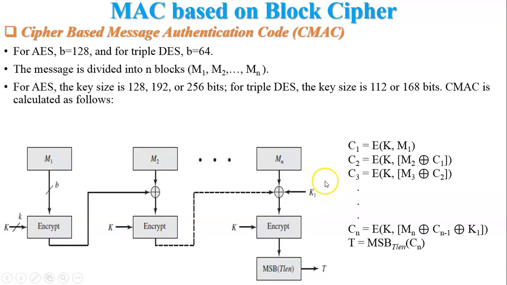K1 is applied to increase the complexity of the output. Finally it generates T, equal to the most significant Tlen bits of the final ciphertext block. Here T is the MAC, the message authentication code, and Tlen is the length of the MAC. This is the final MAC length.